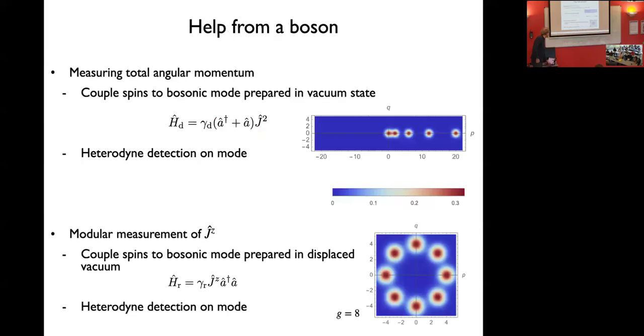I also want to mention that to do these measurements of the J squared operators and the modular measurement of JZ, you can get some help from a boson. Let's say you want to measure a total angular momentum.